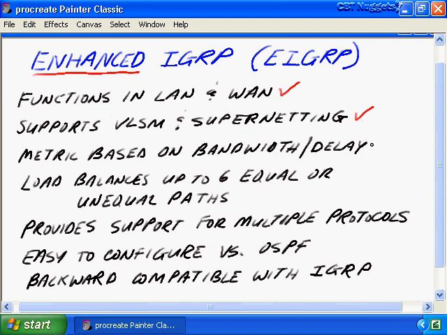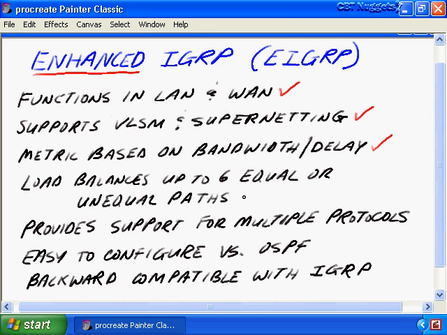Its metric is, instead of based on hop count, based on a couple of metric values, one of them being bandwidth, the bandwidth of the link, and a mathematical delay. And that's just 2 of the 5 possible metrics that we can use. Those are the 2 that are used by default. We'll look at all of the metrics a little bit later on.